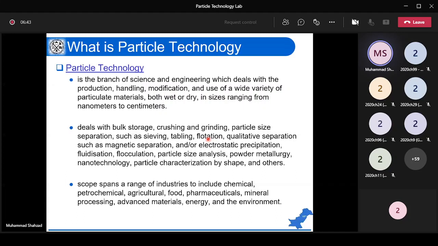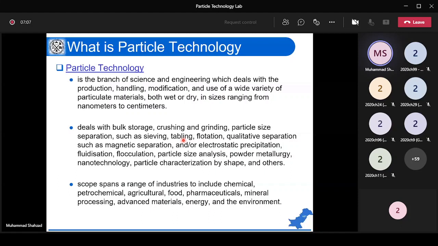Then there comes the other machinery, and those machines come under the scope of the chemical engineer. Right? So you don't need to study tabling and flotation, because these are separation processes which are supervised by the mining engineer or metallurgical engineer. Your work starts from here.